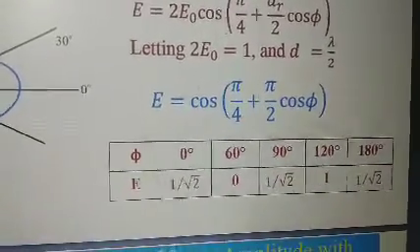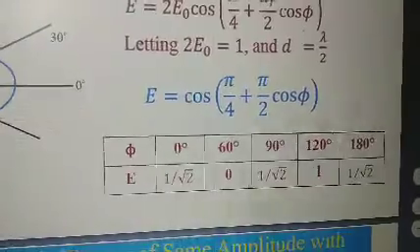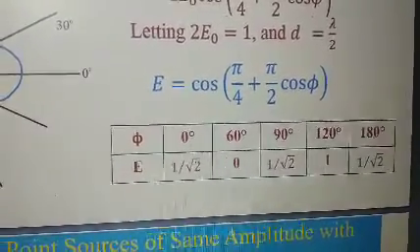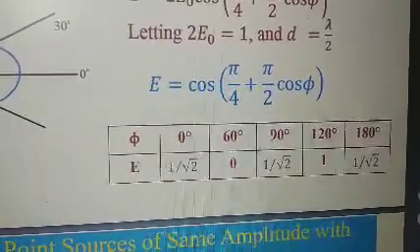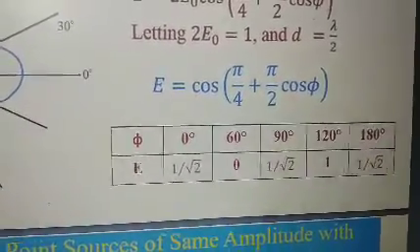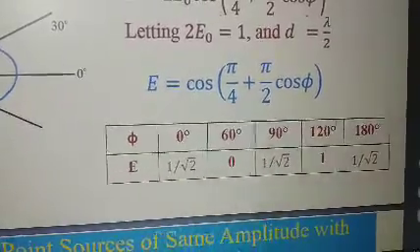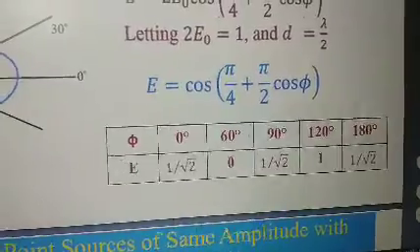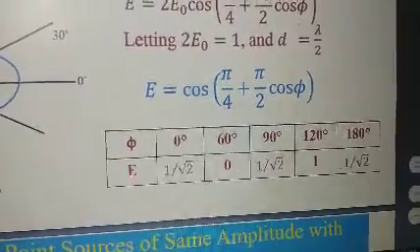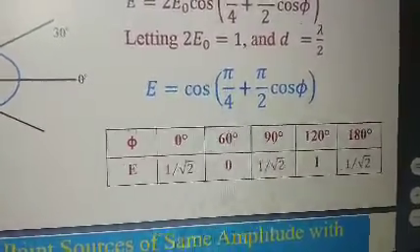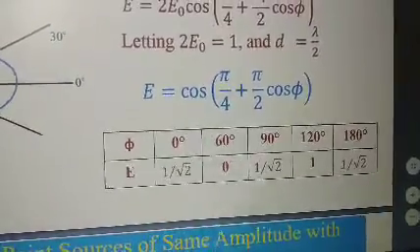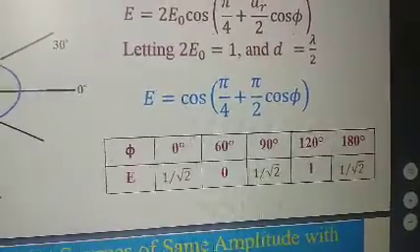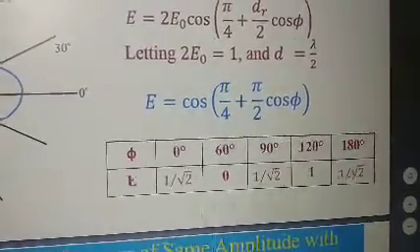Then E for phi equal to 0, cos 0 is equal to 1, then cos(pi/4 plus pi/2), which is 3 pi by 4, so the value of the electric field E is equal to 1 upon root 2. Then for 60 degree, 90 degree, 120 degree, 180 degree respectively the electric field E is obtained. For 60 degree it is 0, for 90 degree it is 1 upon root 2, for 120 degree it is 1, for 180 degree it is 1 upon root 2.